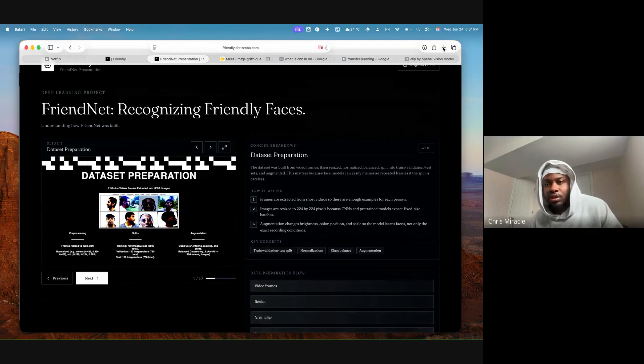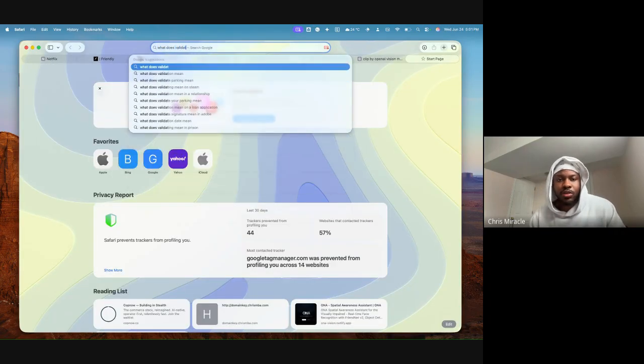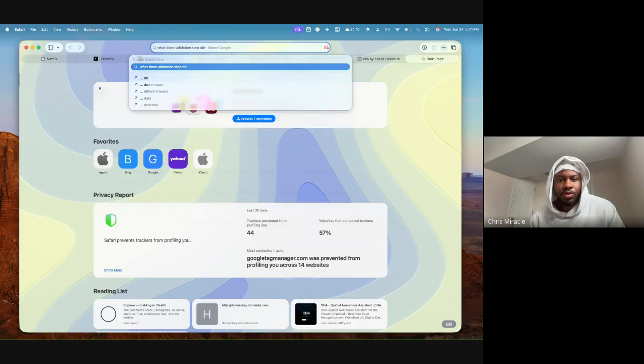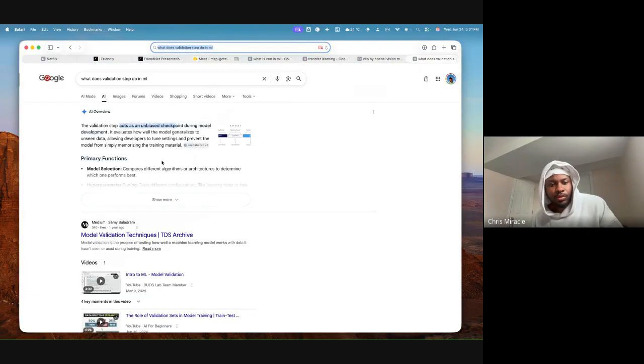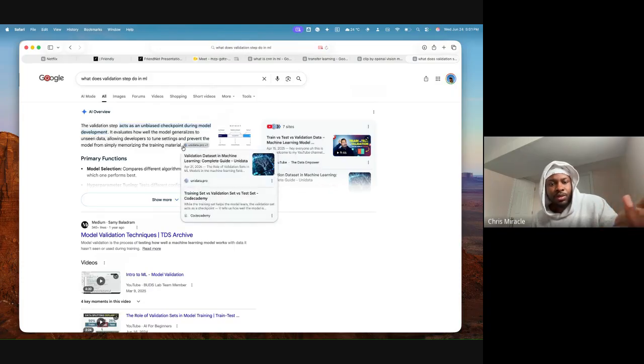Again, we can learn together. What does the validation step do in ML? The validation step acts as an unbiased checkpoint during model development. It evaluates how well the model generalizes to unseen data, allowing developers to tune settings and prevent the model from simply memorizing the training material.